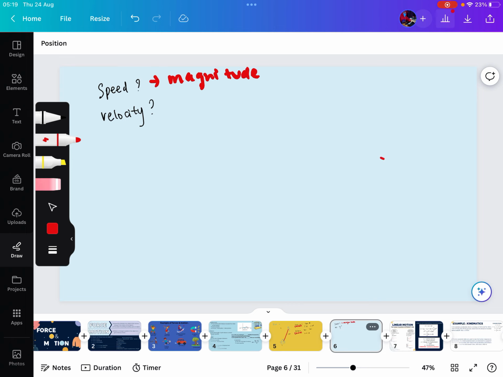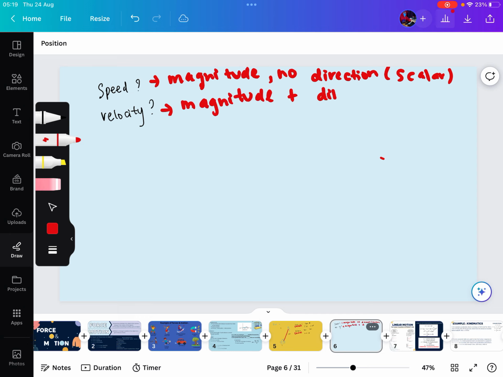Magnitude is a value, but no direction. So it is a scalar. But for velocity, the magnitude is the same as the speed, plus direction, which is a vector. So that's all.